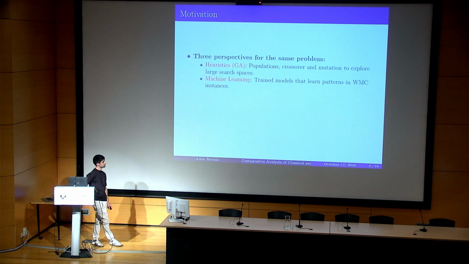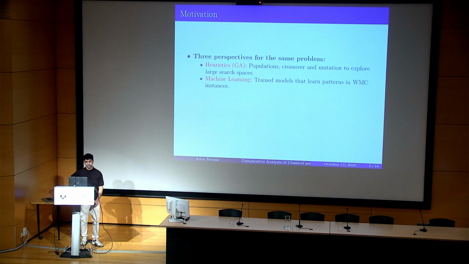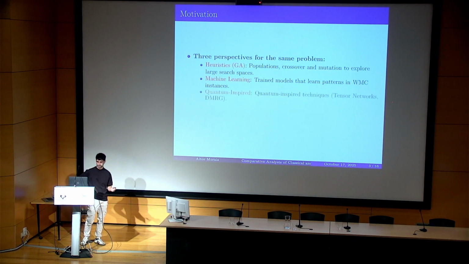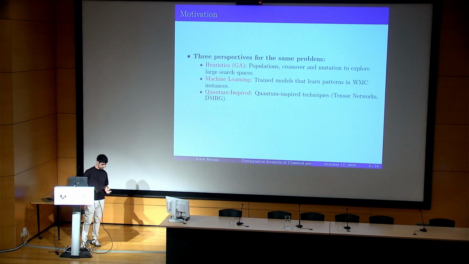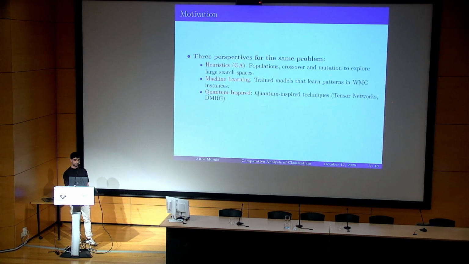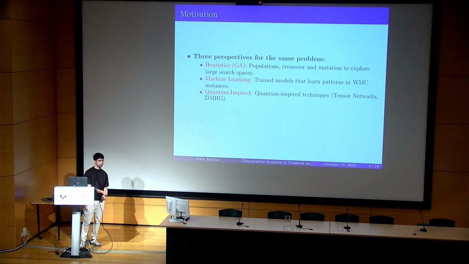We train a model that learns patterns in the weighted MaxCut problem instances. And the final perspective is the quantum-inspired one. We use tensor networks and the DMRG algorithm, and we use this because nowadays we are in the NISQ era, and we think that tensor networks can serve as a bridge between quantum computing and classical computing.